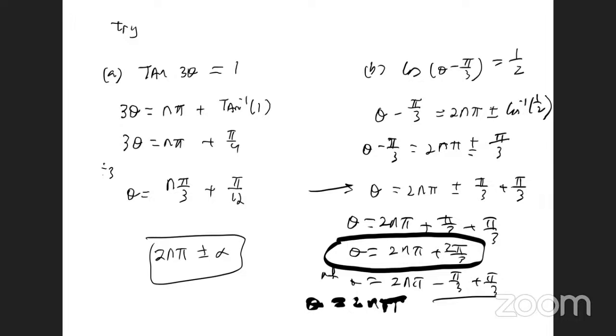Are you okay with that? So every time you see general solution, write the formula, and just make sure you get alpha correct.